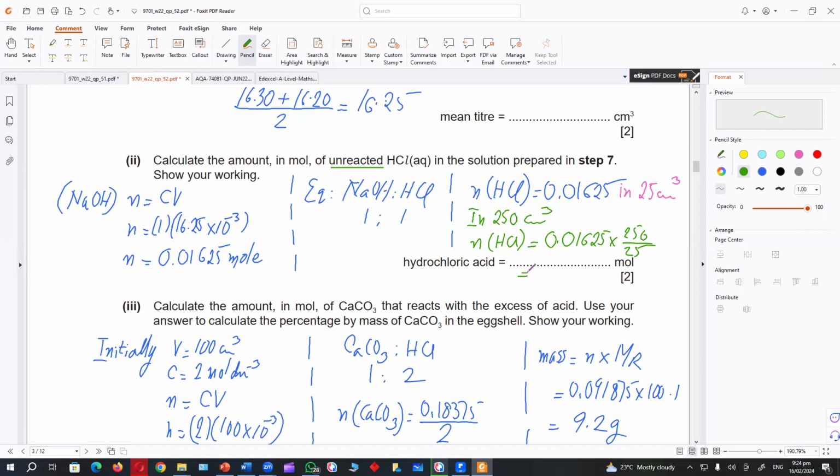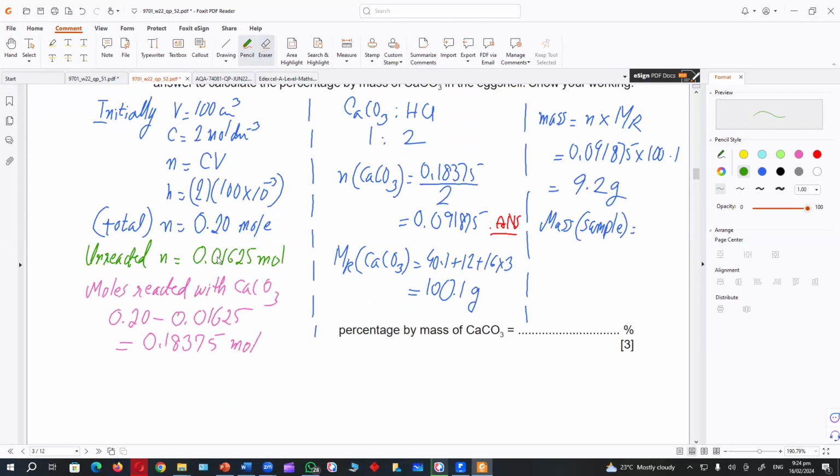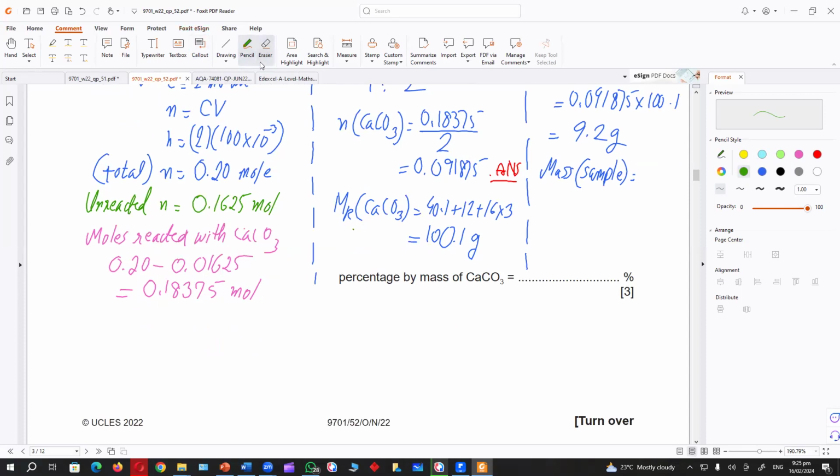So it will be 0.1625. Now you have to do the subtraction again.